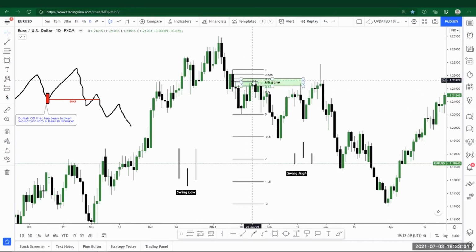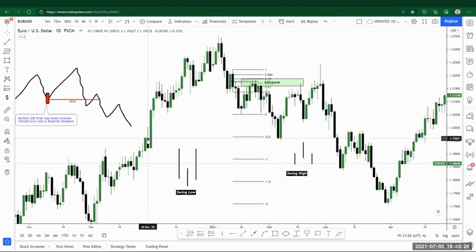As you can see, price comes straight up into that and rolls over, taking out these relative equal lows and going down into our TP level, which is a half of a standard deviation.